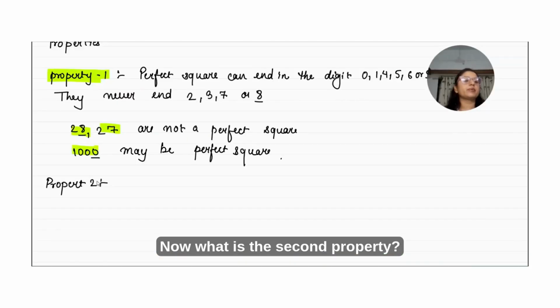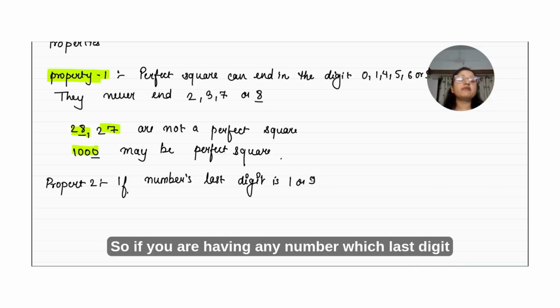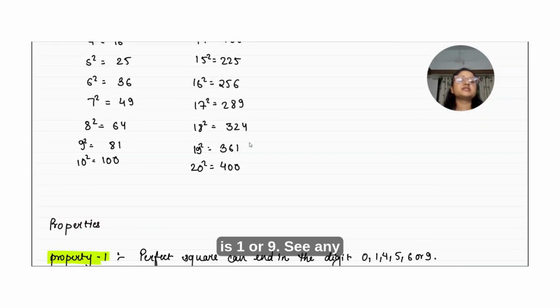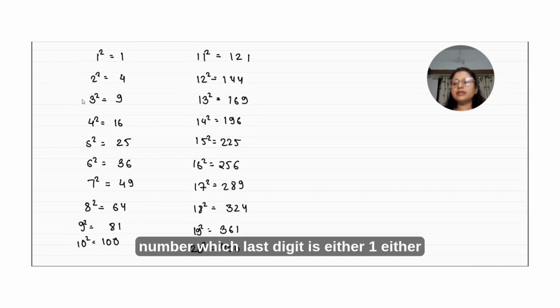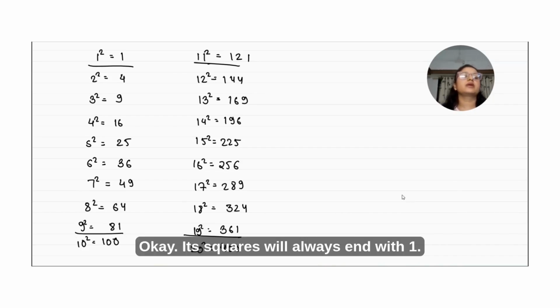What is the second property? If a number's last digit is 1 or 9, see, any number whose last digit is either 1 or 9, its square will always end with 1.